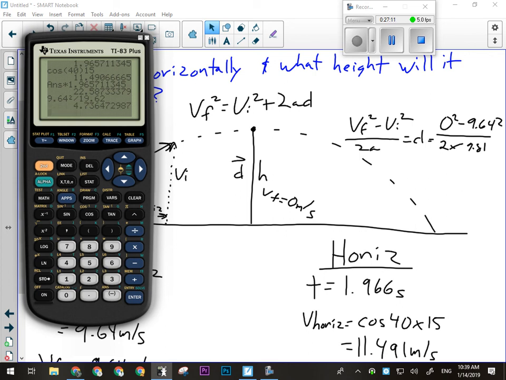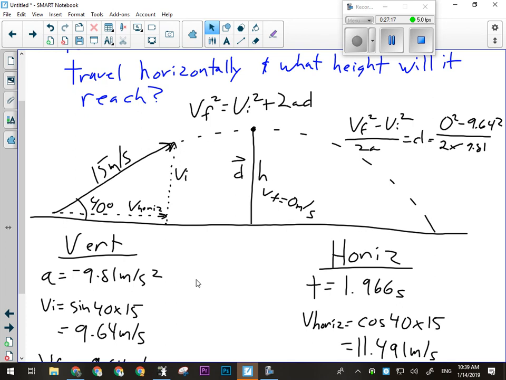All right, so the vertical height reached by the ball will be 4.7 meters. All right, so that would be, I would say, a final exam level projected at an angle projectile motion problem.